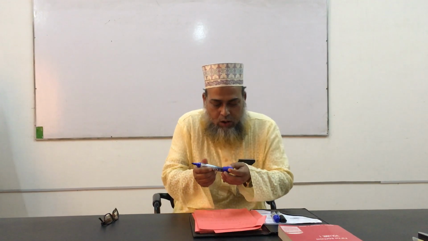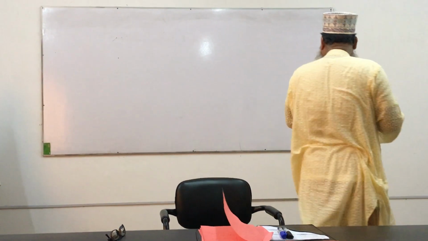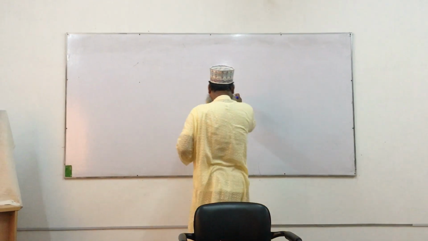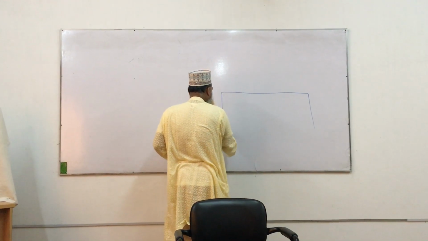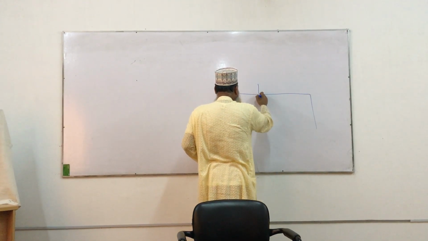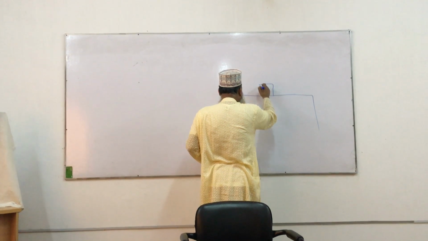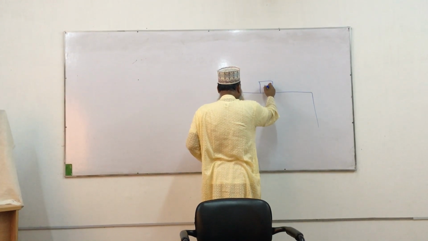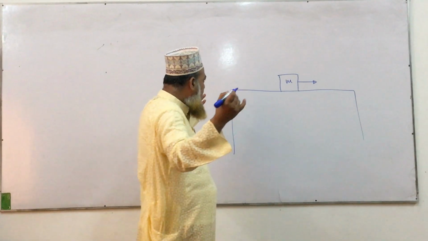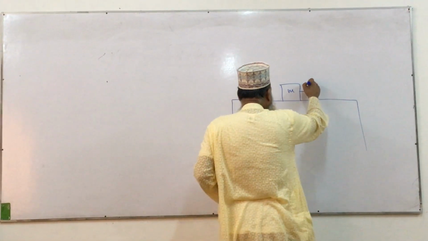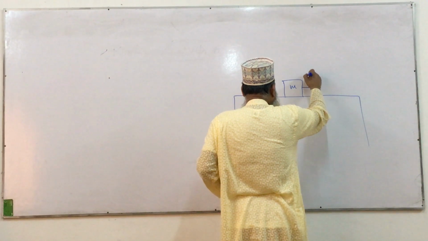Say, I have a block of mass m moving with velocity v0 on a table. This is the table, and here is the block of mass m, moving with velocity v0.